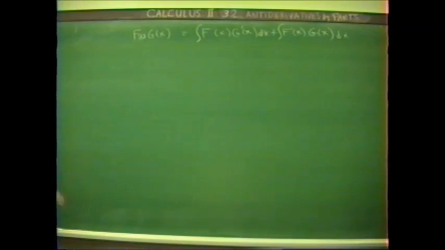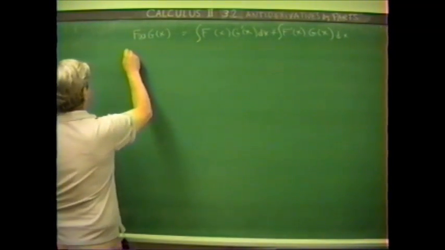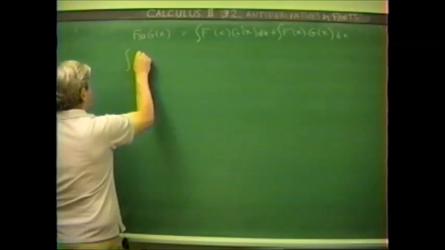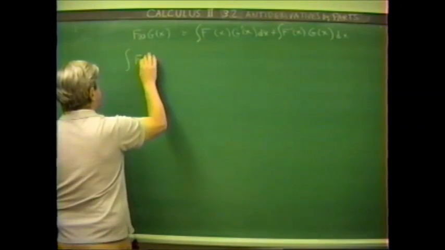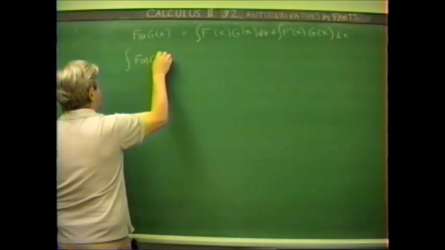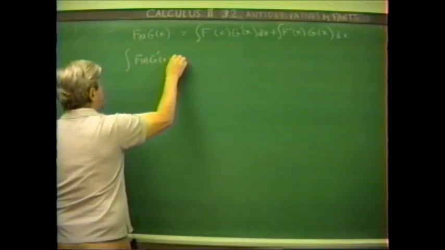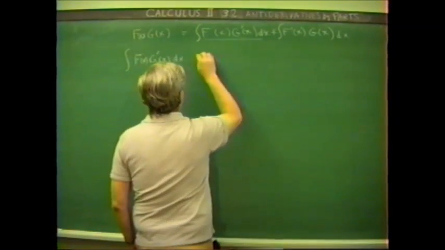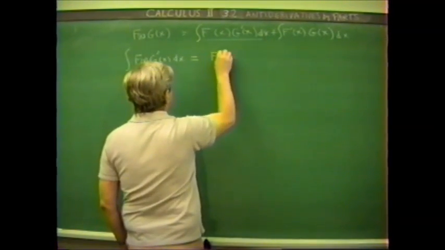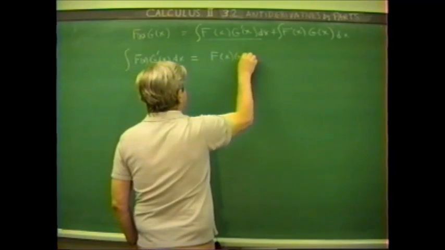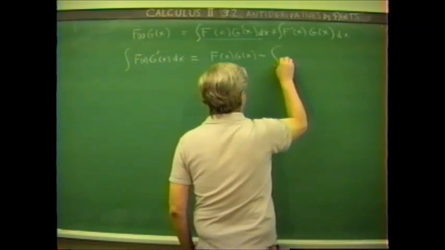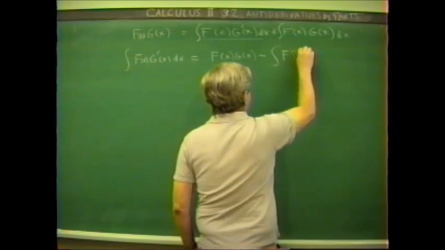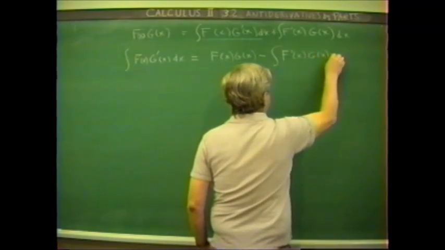Now the way this is used is as follows. If you've got the antiderivative of f of x times g prime of x dx, that's equal to f of x g of x minus the antiderivative of f prime of x g of x dx.